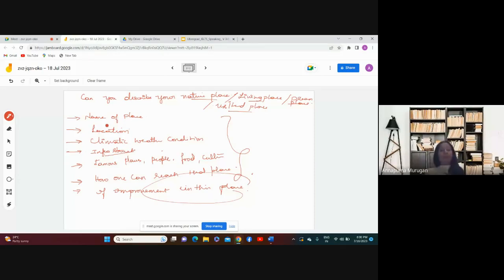Oh, it is very good, it is very nice, the scenic beauty is good. Only this much we would have said, isn't it? But now this will give variations. How many varied ideas will be there? Almost 1, 2, 3, 4, 5, 6, 7, 8. And for infrastructure and famous places and all, you can use 3, 4 sentences. Almost 10 to 12 sentences are here, which is more than enough to give that diversified answer.